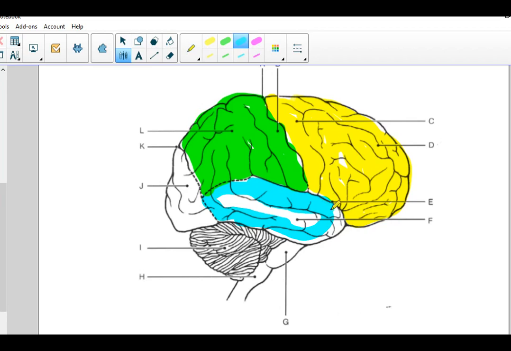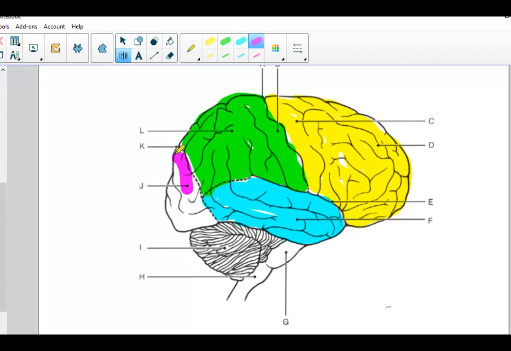The only other major surface lobe that we haven't looked at yet here is the occipital lobe. Hopefully you can guess where that belongs at this point. And you're right if you guessed the letter J as the occipital lobe.